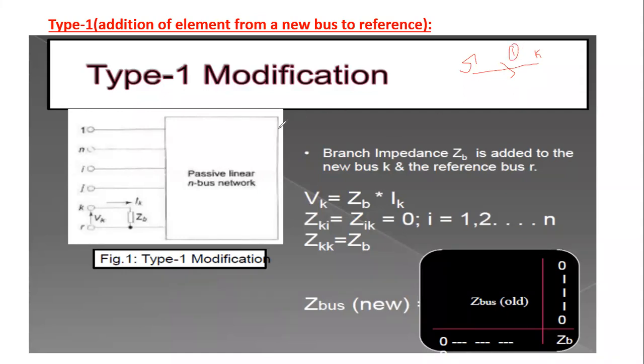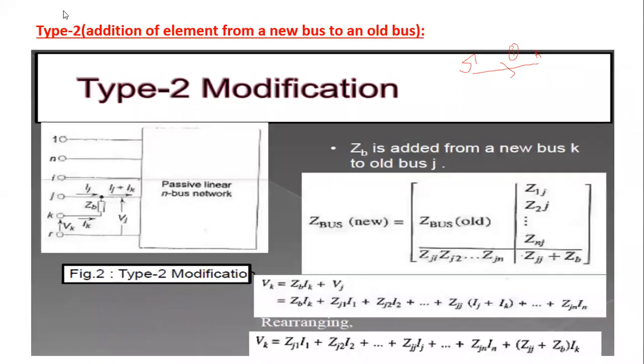Next, what is the type 2 modification? The element is added. Okay, type 2 modification, addition of element between the new bus to old bus. Okay, the old bus is K. In this diagram, the old bus is K, that is the already existing bus. Okay, then the element 2 is added in between the old bus to the new bus.